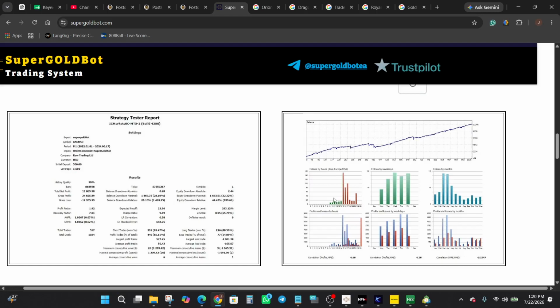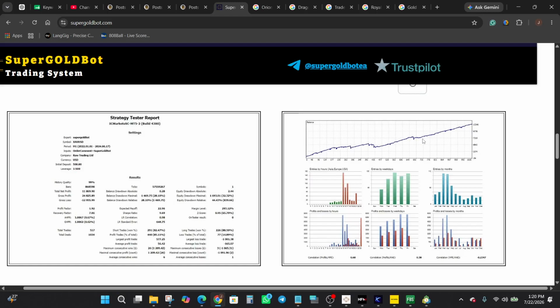Then with respect to the weekly distribution, trading activity remains steady across all weekdays, peaking slightly on Wednesdays, Thursdays, and Fridays. Now, with respect to the equity curve, the overall balance graph demonstrates a consistent upward trajectory over the 2.5-year testing window, punctuated by periodic drawdowns that recovered back to new equity highs.